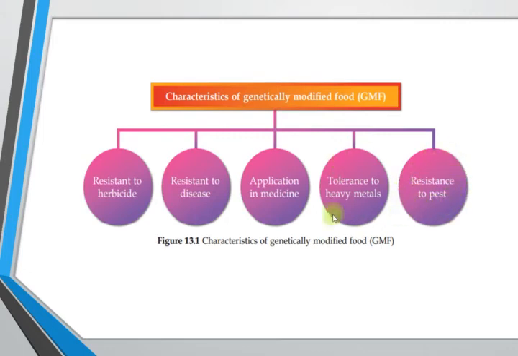Alright, so these are the characteristics of the GMF: resistance to herbicides, resistance to disease, so it will not get easily infected; application in medicine; tolerance to heavy metals; and also resistance to pests. These are the characteristics of genetically modified food.